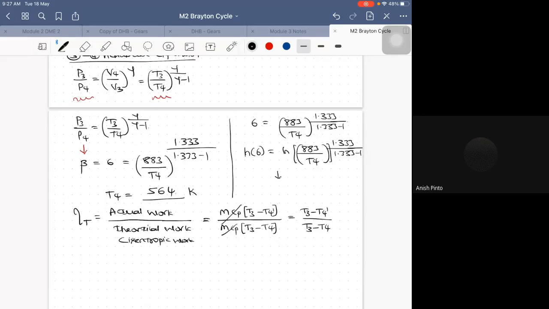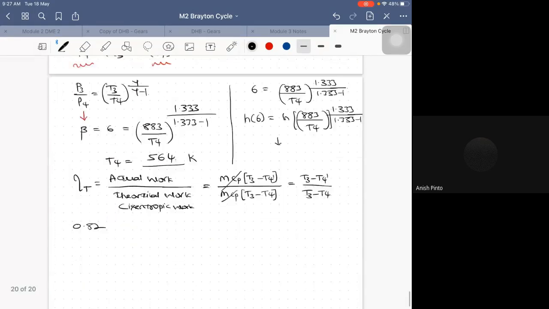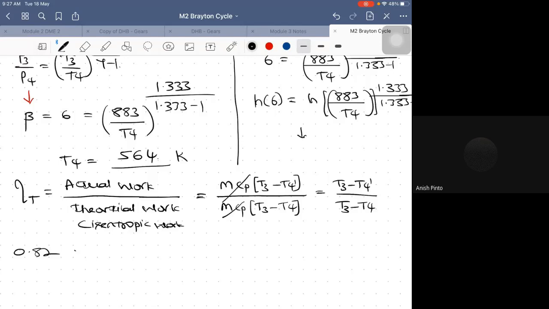Now, the efficiency of the turbine is how much given? It is 0.82, correct? 0.82 equals T3, how much is the value of T3? 883 minus T4 dash, which you have to find, divided by 883 minus T4, which you have just found out to be 564.